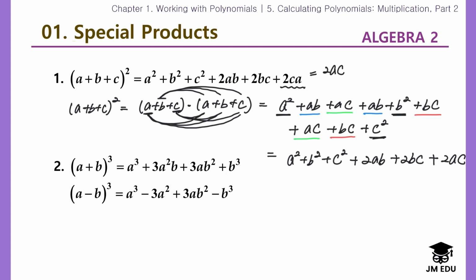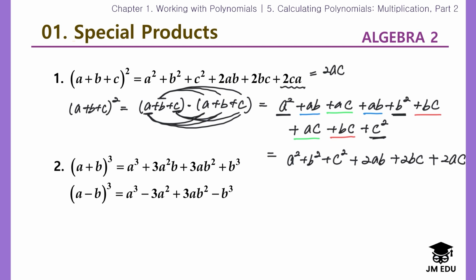Nothing here, right? And for b, 0, nothing here, b to the 1, b squared, b cubed. 0, 1, 2, 3. Okay, do you see the pattern? The coefficients are 1, 3, 3, 1. If it's minus here, then everything is the same, but we have the signs: a cubed minus, plus, minus, plus, minus. It alternates. Okay, so let's memorize this.